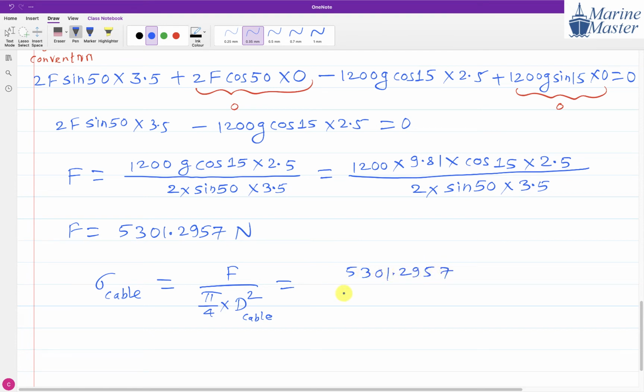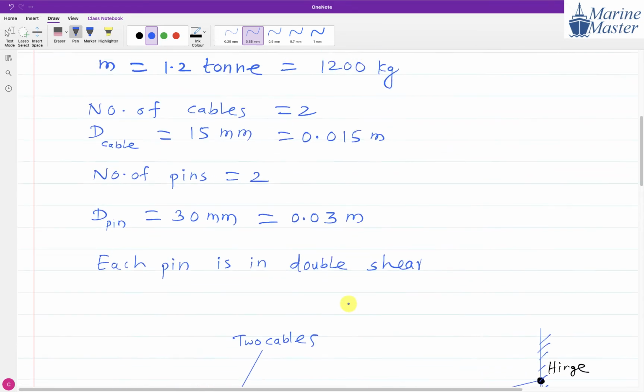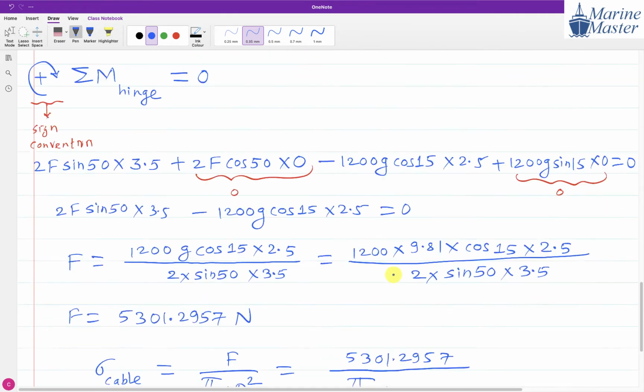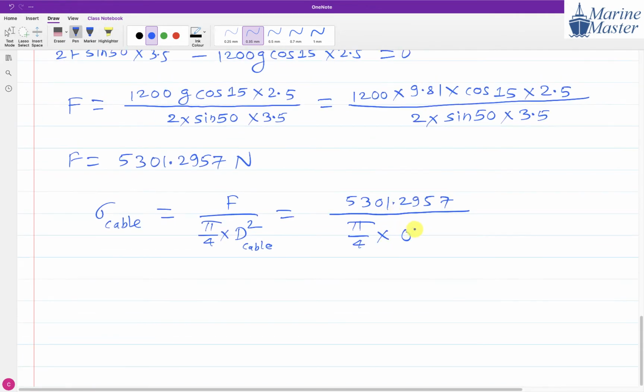F is 55301.2957 divided by pi by 4. How much diameter of the cable have they given us? 15 mm, which means 0.015 meter. So 0.015 square.